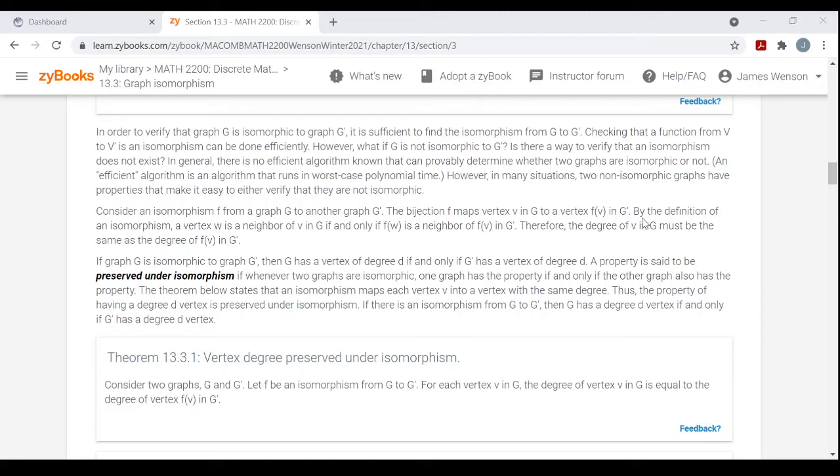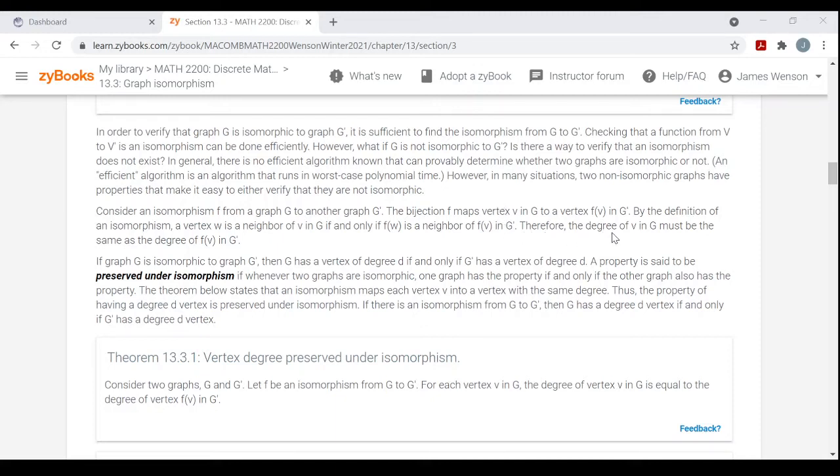By the definition of an isomorphism, a vertex w is a neighbor of v in G if and only if f of w is a neighbor of f of v in G prime. That's just meaning that if something's an edge in the first graph, it's going to correspond to an edge in the second graph with the new labeling.